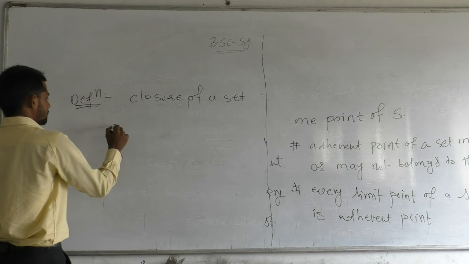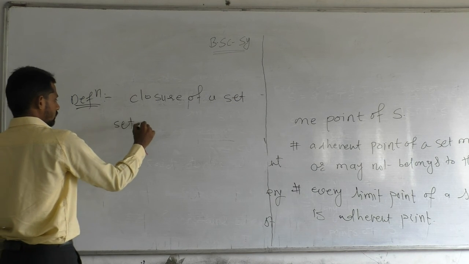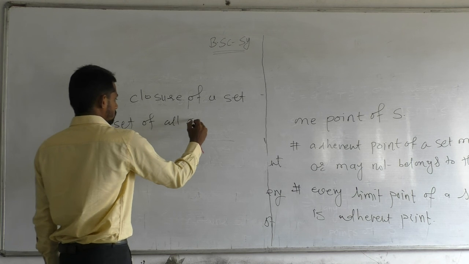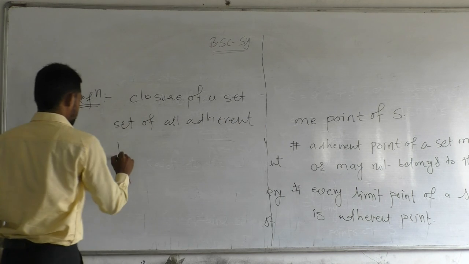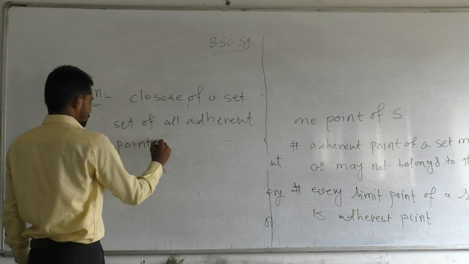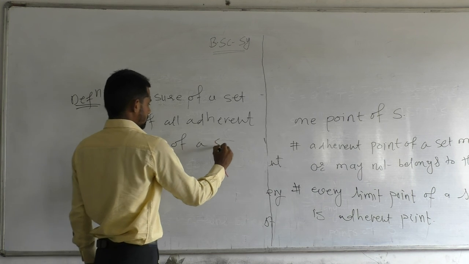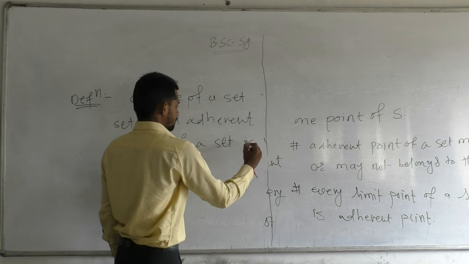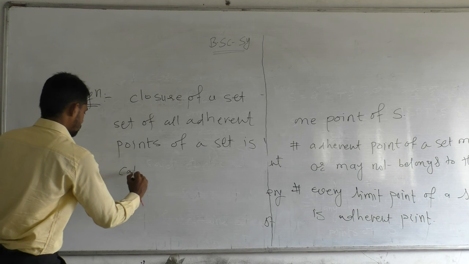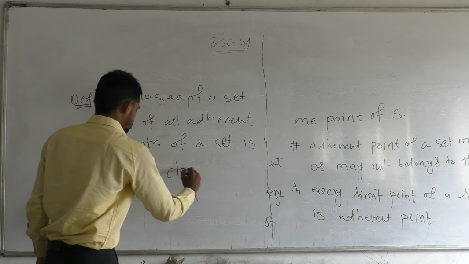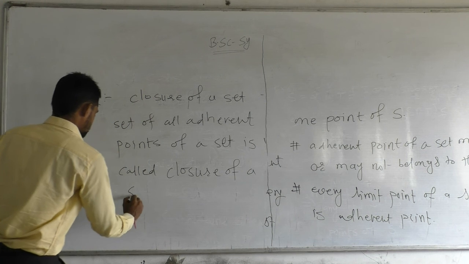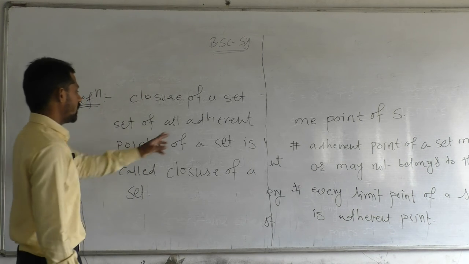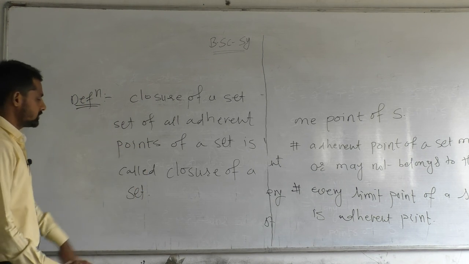Closure of a set means the set of all adherent points of a set is called closure of a set. The set of all adherent points of a set is called the closure of a set.